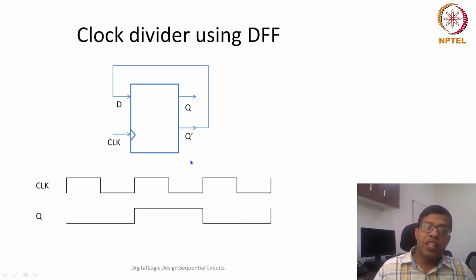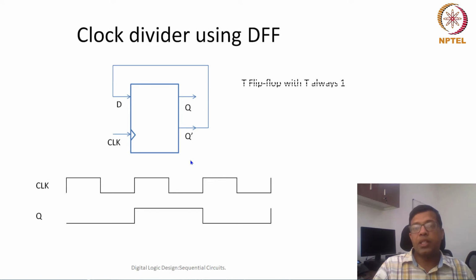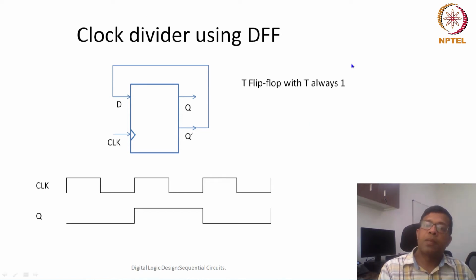Can we further divide it? Can we divide it by any particular frequency? For that I can repeat this circuit. One more thing, I can also design this clock divider by using a T flip-flop. In a T flip-flop, we know that if T is 0, the output remains as the previous state, but if T is 1, the output keeps on alternating.